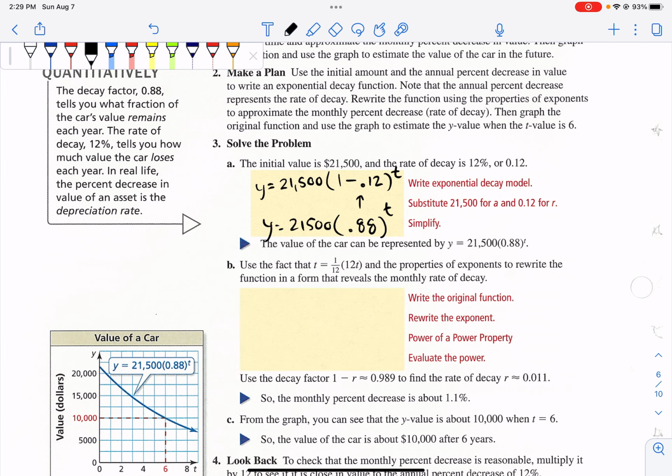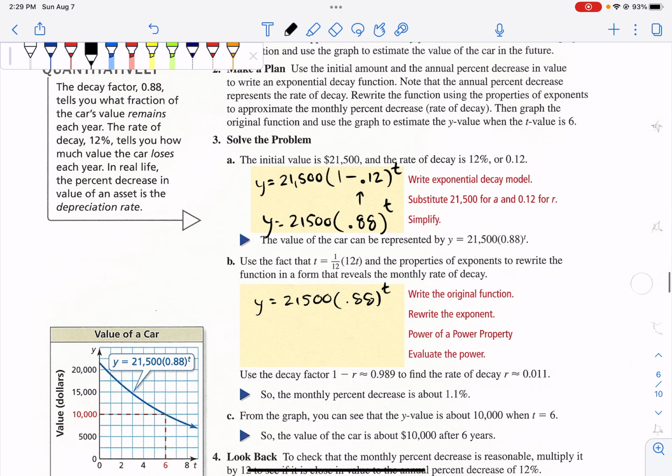So our original function looks like this. Now you're going to have to be able to do this yourself. I'm going to rewrite this because t is based on years, but I want to change it to months. So instead of t being years, I'm going to change that to 12t, and now that's going to represent months. But that's a problem.